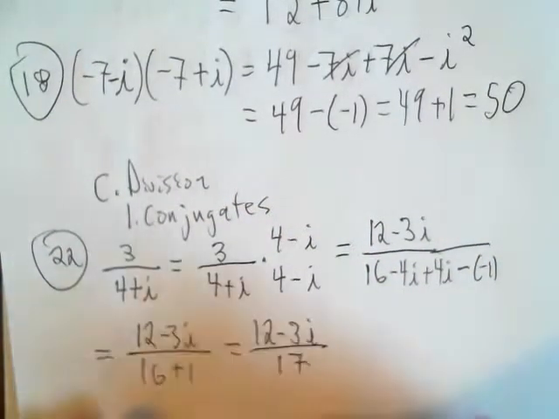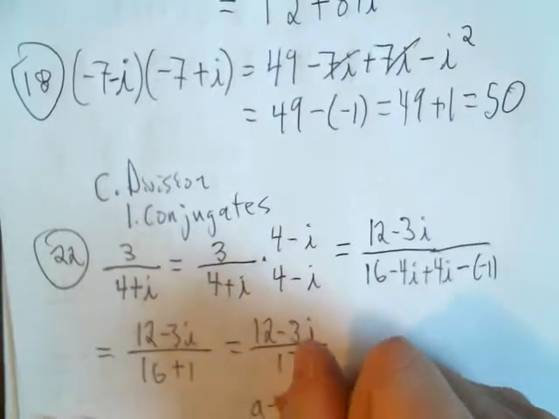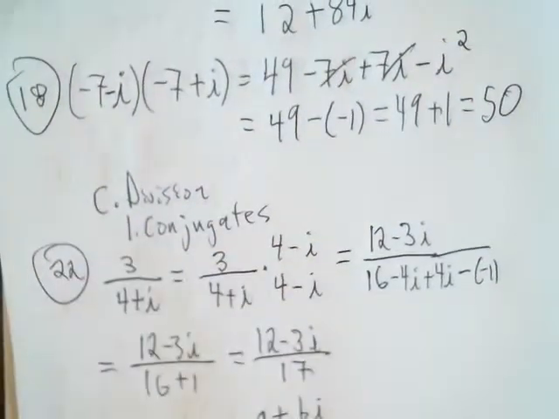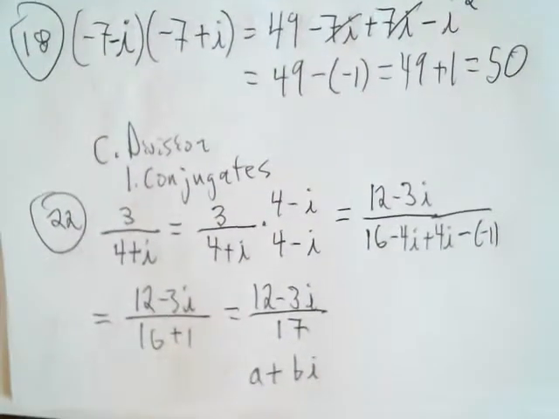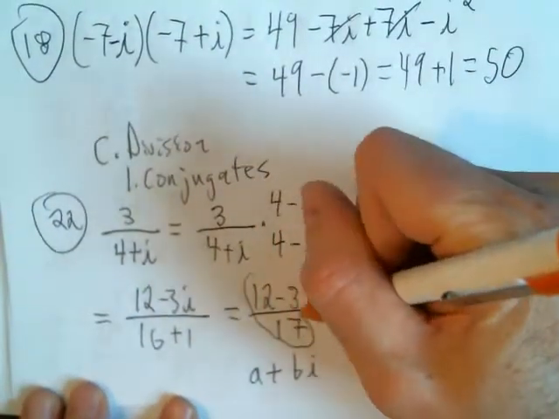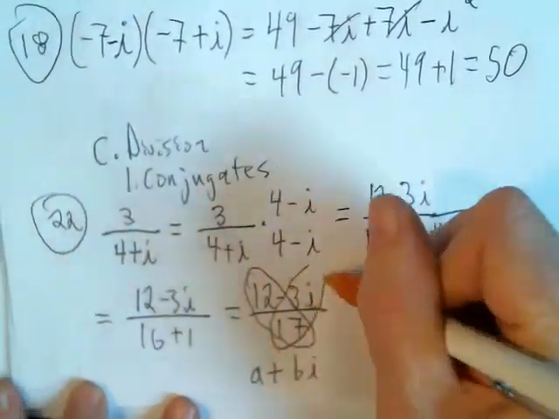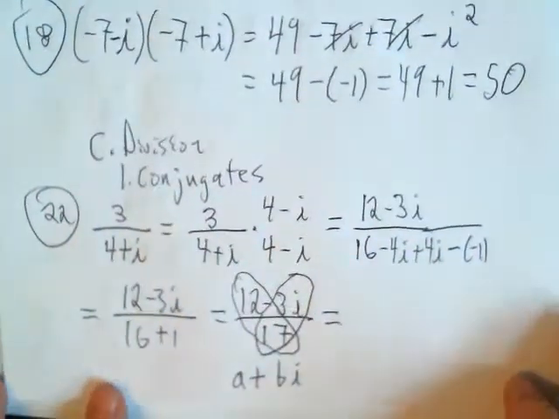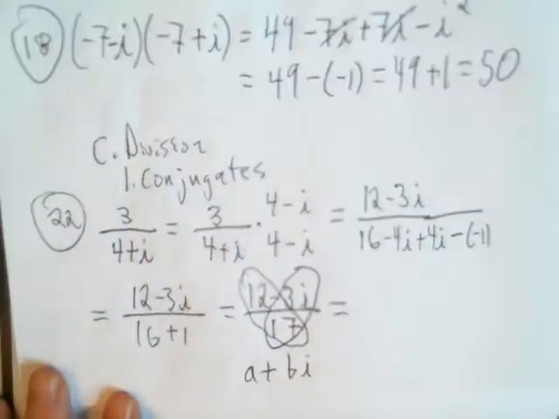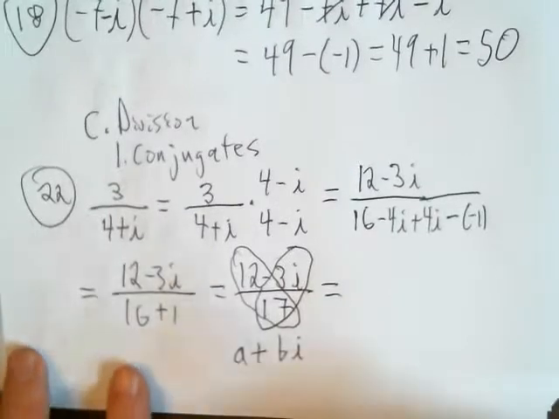Okay, and our goal is to get it in the form a plus bi. You want to separate the real part and the imaginary part. So how do I do that? Well, you're going to go ahead and, what do they call that? Butterfly, or some people like to call it filleting the fraction.